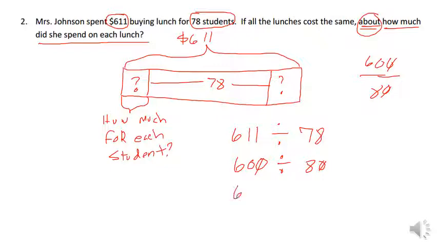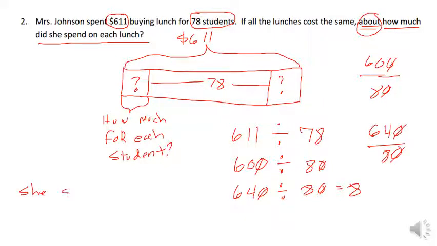So I'm going to change this to 640 divided by 80. So 640 divided by 80, take out our multiples of 10. I've got 64 divided by 8, and I can tell she spent $8. She spent about $8 for each student.